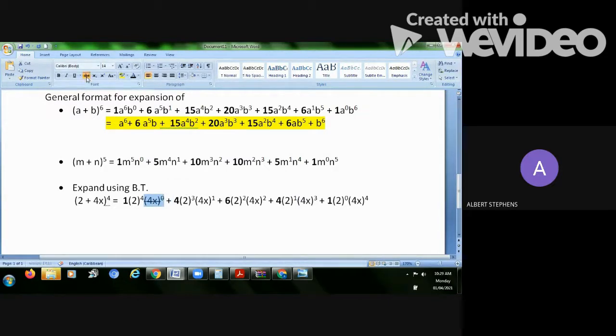So all of that will give you 1, and 1 times that 1 is just 1, not true? So all we have to work out now is just 2 to the 4. Everybody see that? What's 2 to the 4?